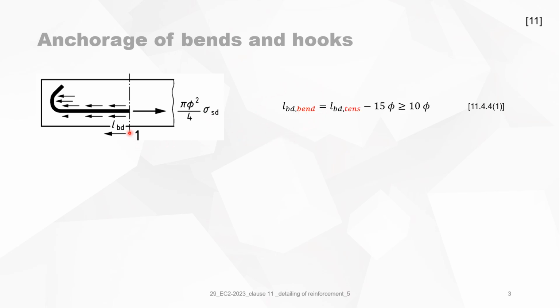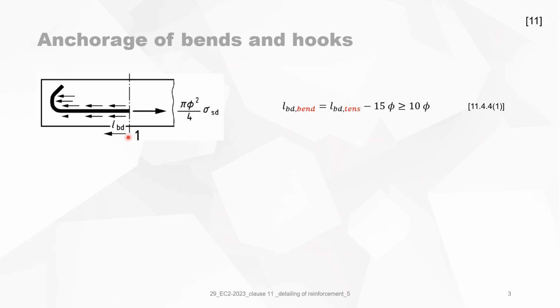The needed anchorage length from the end up till there must be bigger or equal than the anchorage length that you obtain with formula 11.3, which is the anchorage length of a straight bar, minus 15 phi, and all of that has a minimum of 10 phi.